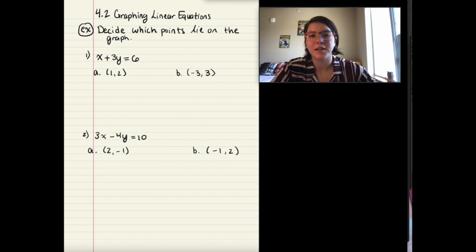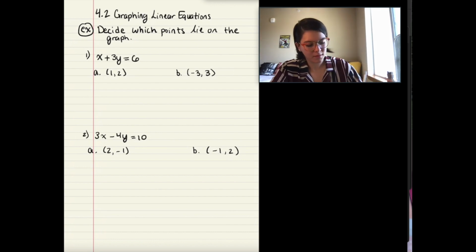So, we're asked to decide which points lie on the graph. So, we're given x plus 3y is equal to 6. And then we're given the coordinate points 1, 2, negative 3, 3. So let's start with 1, 2. So remember, a coordinate point tells us our x coordinate and our y coordinate.